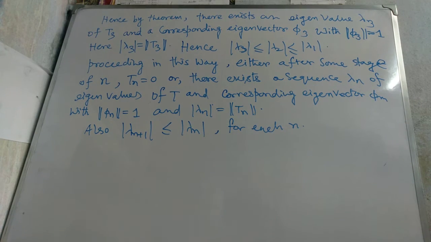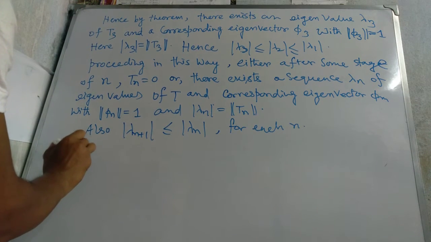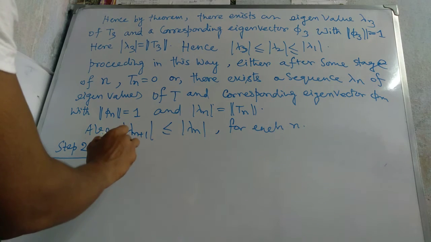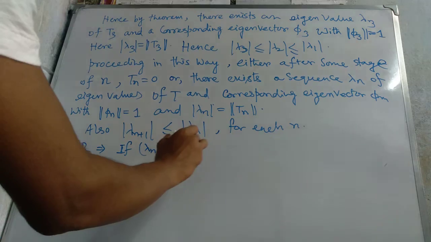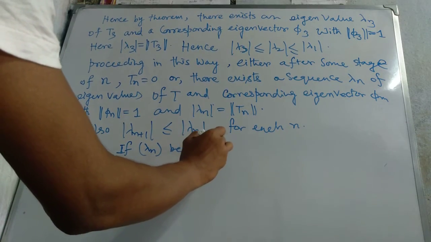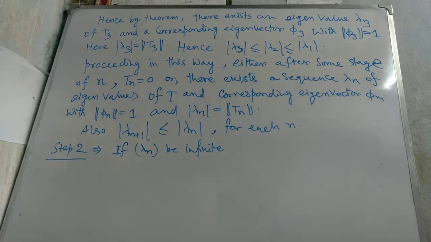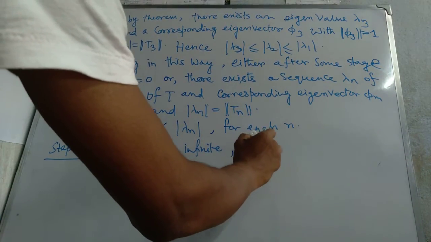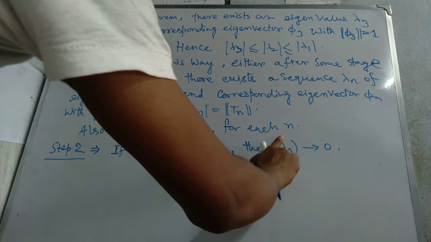Now we're going to step 2. If lambda n is infinite, then lambda n tends to 0.